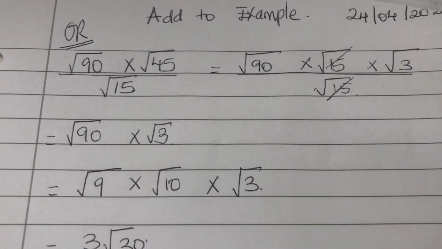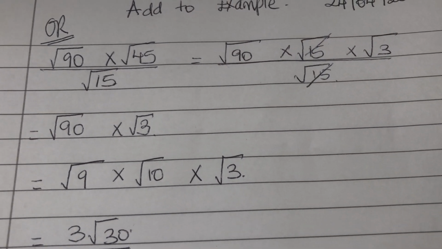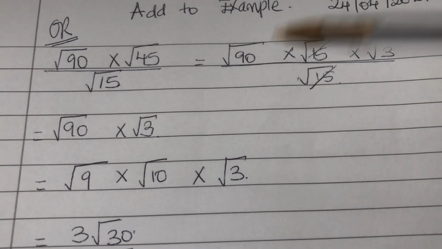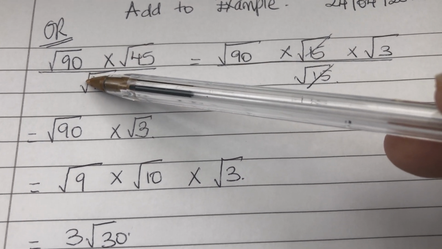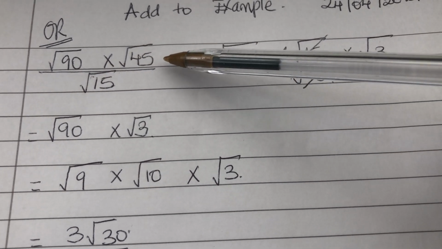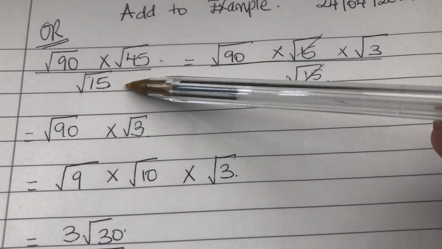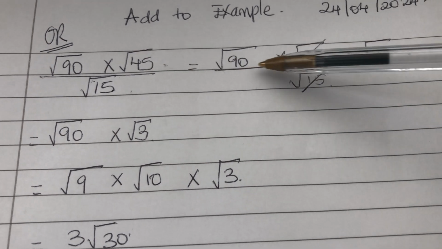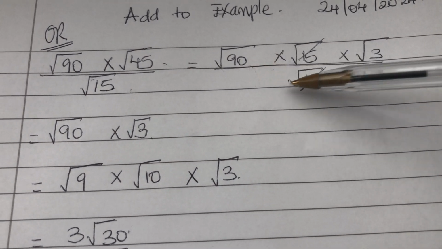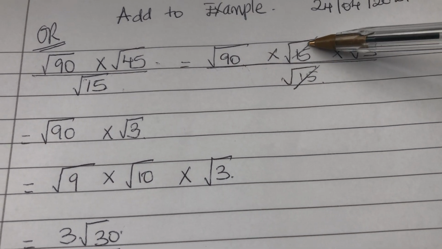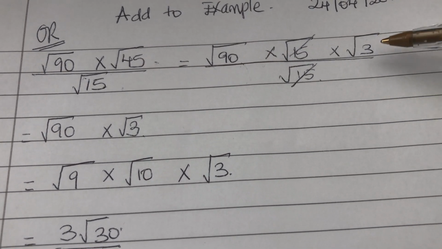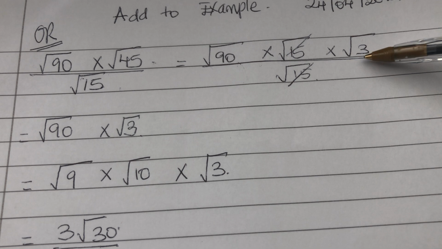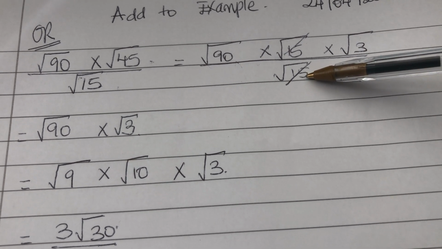Okay, so instead of having all that we are learning for explanation, root 90 times root 45 over root 15. Okay, now I have root 90, I have root 45, which I've written as root 15 root 3, and then I have root 15.